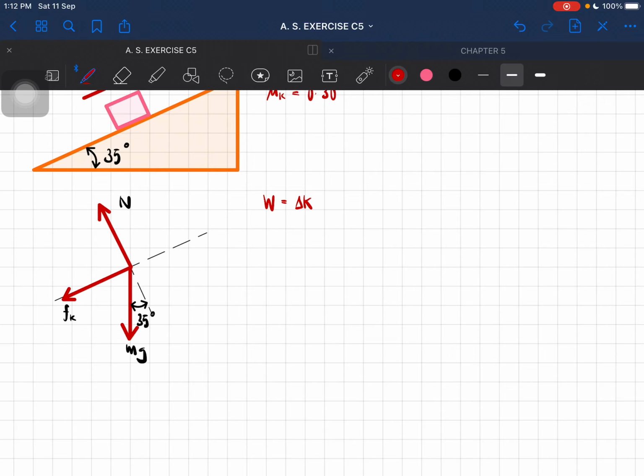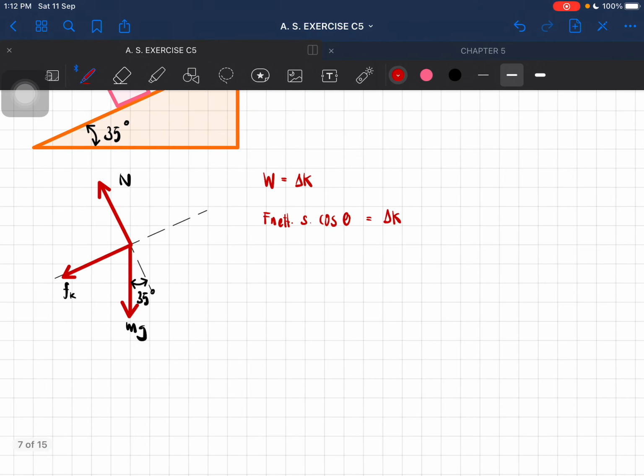So work is equal to the net force times the displacement, and then times cos theta. Okay, the angle between the forces and the displacement, equal to the change in kinetic energy.